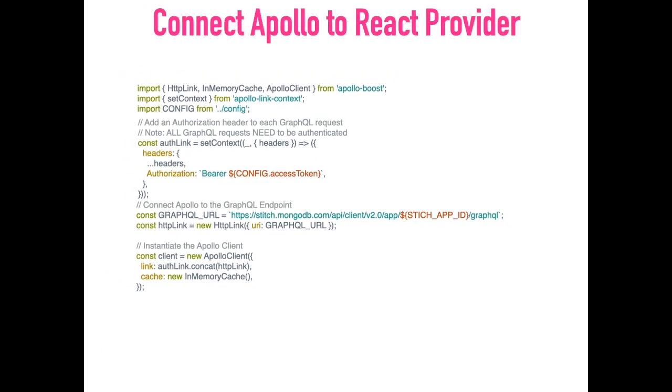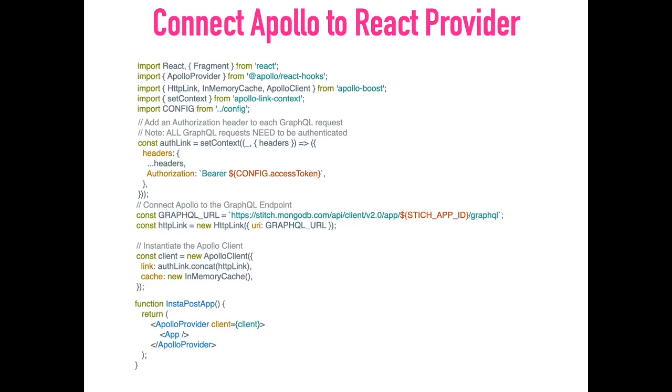Okay, so we've instantiated a brand new Apollo client. Now we want to hook it into React. It's got a React hook package that you can just pull from. This is going to look very similar if you've ever used Redux before. All we're doing is passing that client that we instantiated as a wrapper around our React component.